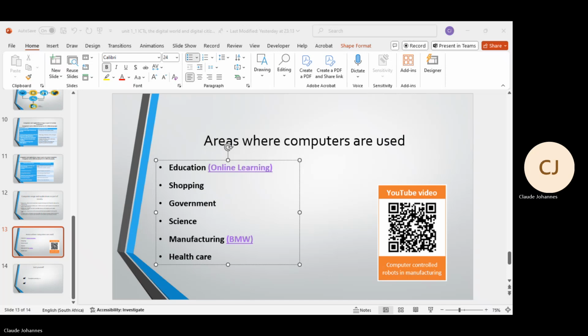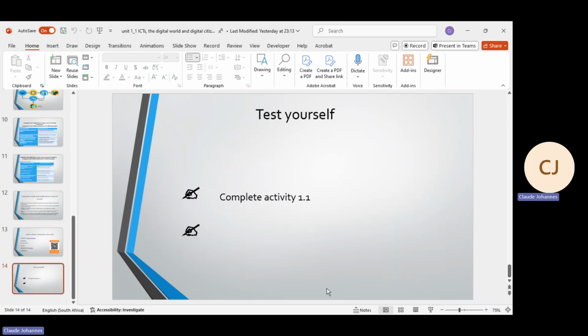So let's check. Continue. Okay. So that is basically areas where computers are used.